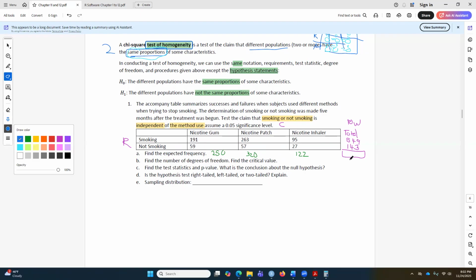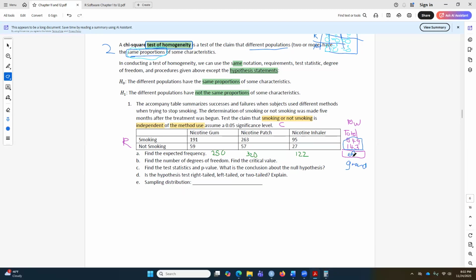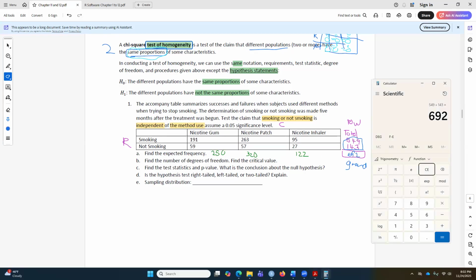Now we're going to do the blue. This blue one is called the grand total. How do you find the grand total? You just add either the rows or the columns. You just need to add one of those. Don't add everything. So either it's 549 plus 143, which is 692, or you can add those numbers up, 250 and 320 and 122.